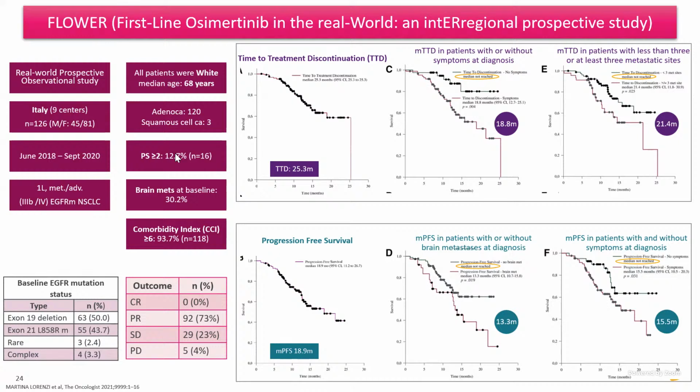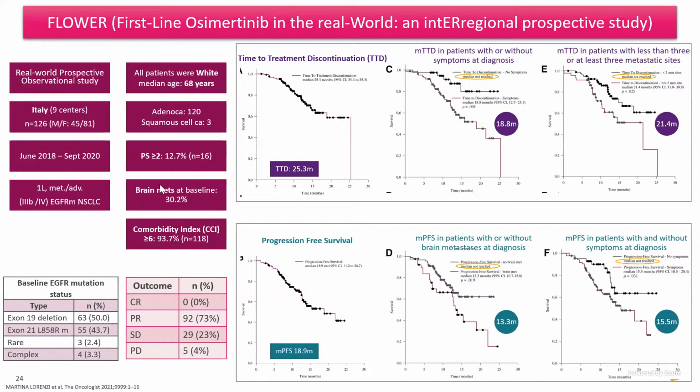PS of 2 or more was 2.7%. Brain mets at baseline 30%. Comorbid index was more than 6%. Deletion 19, 63%. Exon 21 L858R mutation 55%, rare 3, complex 4. Outcome: CR was seen in 0 patients, partial response 73%, stable disease 23%, and overall response rate is 96%, progressive disease 4%.